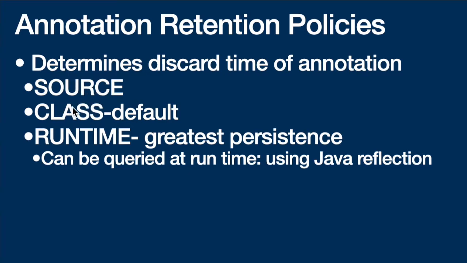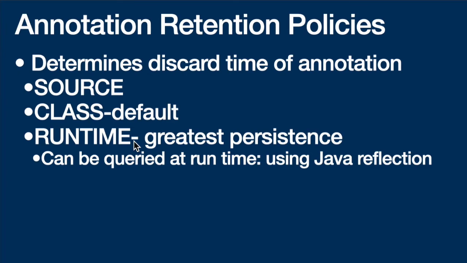When we specify the policy as source, that means the annotation is used for the source purpose only. When we say class, the annotation will be kept in the compiled class file. And when we specify runtime, this annotation can be accessed or queried during runtime.